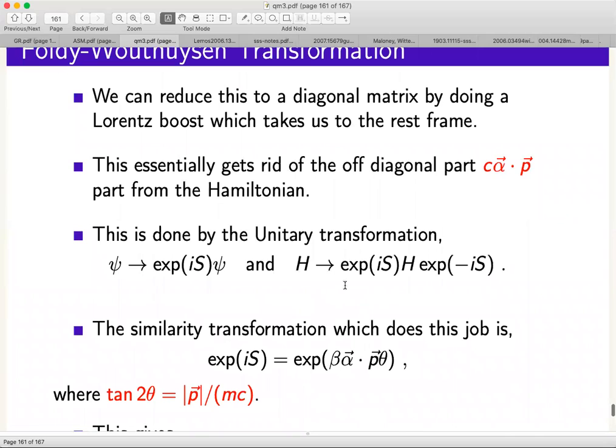Okay, one can kind of systematically work it out, as I said. Okay, the angle theta is kind of related to momentum and mass in this particular form. This is nothing new.